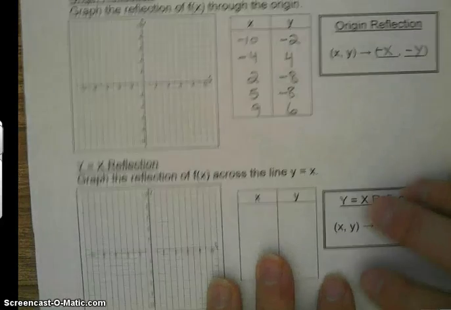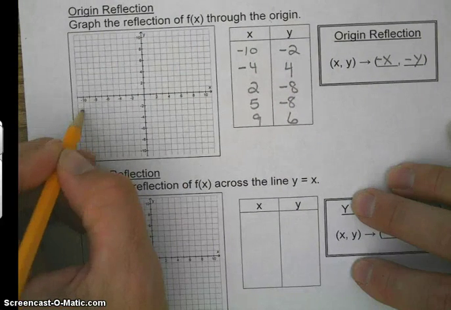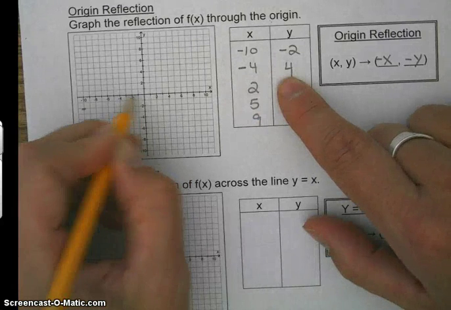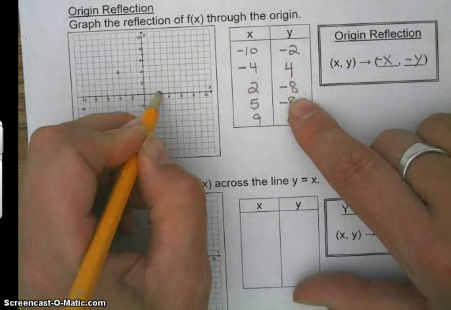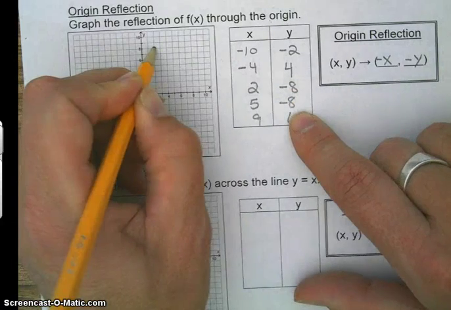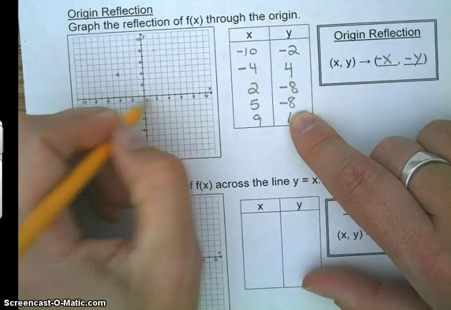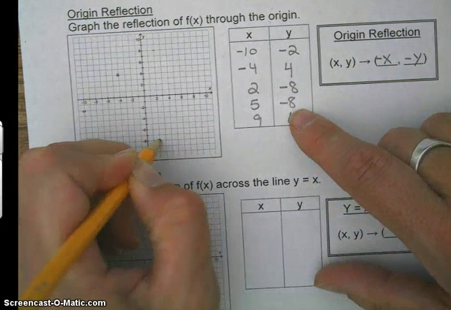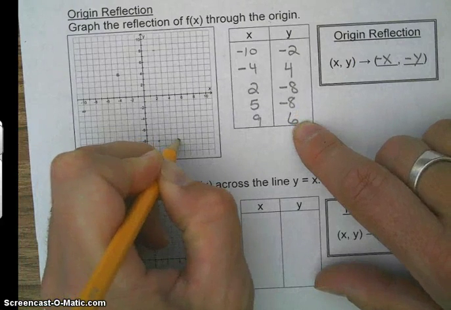Okay, let's see what this looks like. So -10, -2, -4, 4, 2, oops, 2, -8, misspoke, 2, -8, 5, -8, and 9, 6.